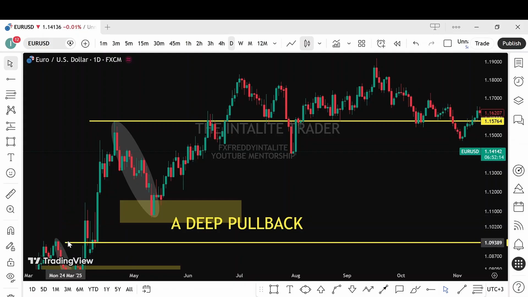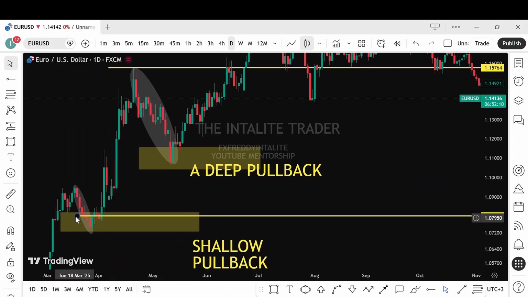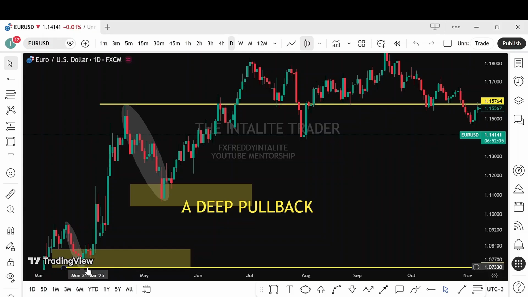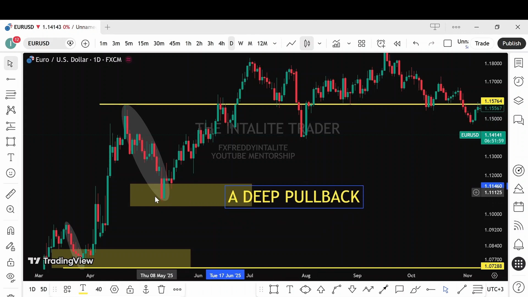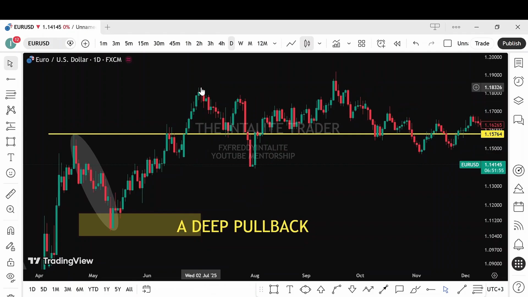From here to here, this one is still one move. If you compare market structure, we have the swing low here, and then we have the swing high. Then we also have this swing low where price gives us a deep pullback. So our next swing high is here. We didn't have a candle that closed above this swing high.